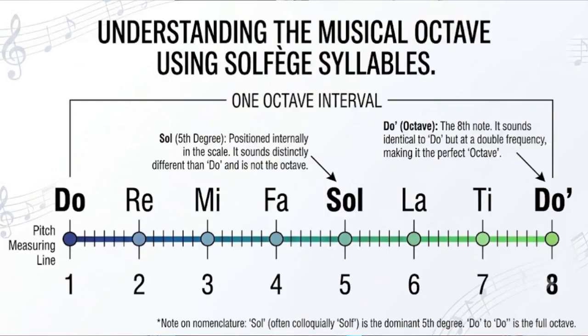We've talked about how music is made up of letters, and to understand music you cannot do without the lettering. I said music has 7 letters, and the eighth one is called an octave. So let's assume we're saying do, re, mi, fa, sol, la, ti, do. That's an octave made up of 8.